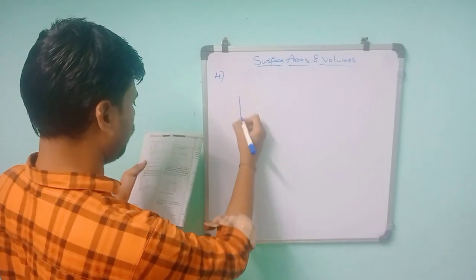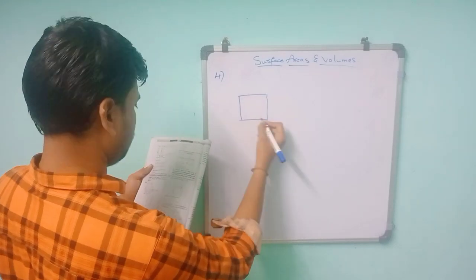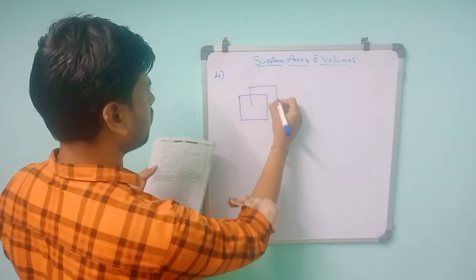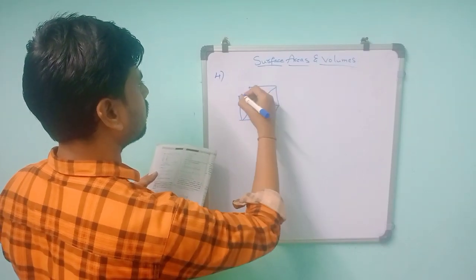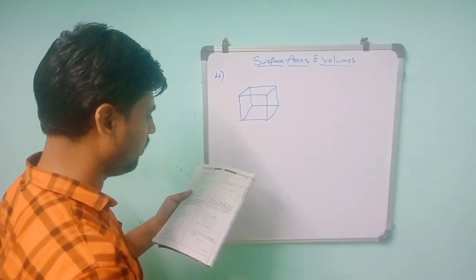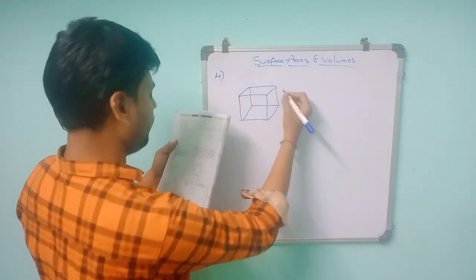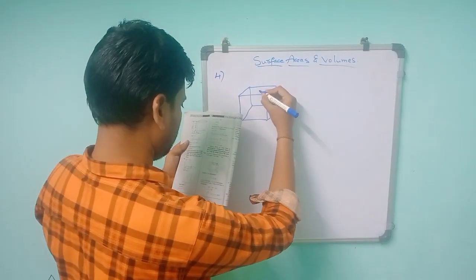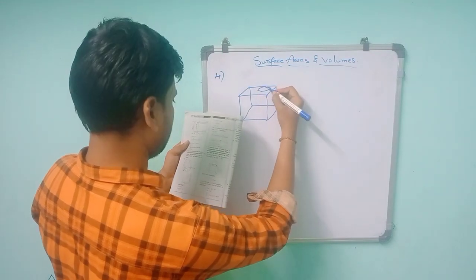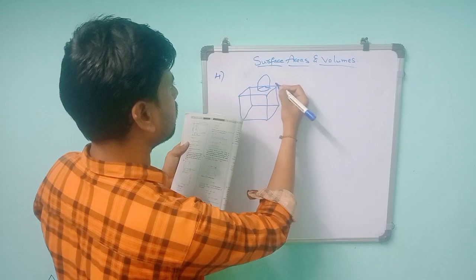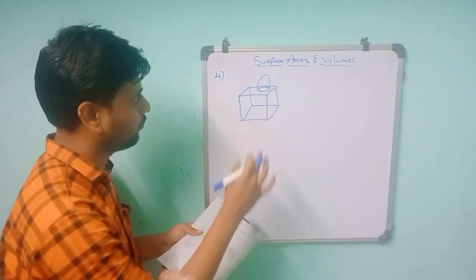So this is cubical, and it is surmounted by a hemisphere. So here is the hemisphere.